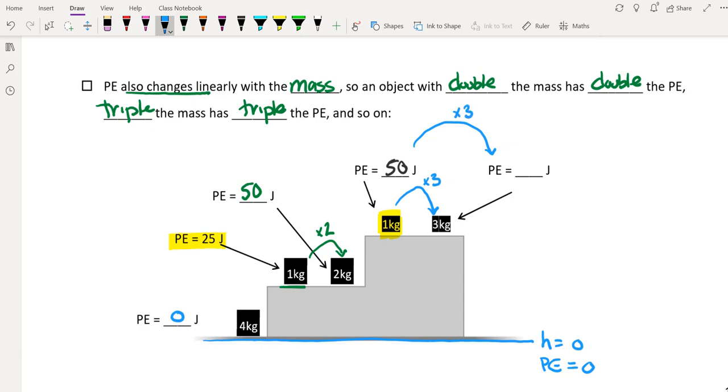So what's 50 times 3? It would be 150 joules. So as the mass increases, the potential energy also increases.